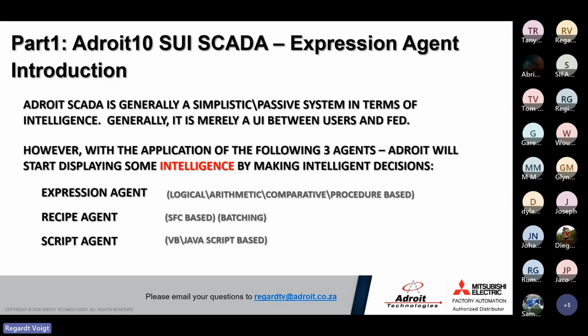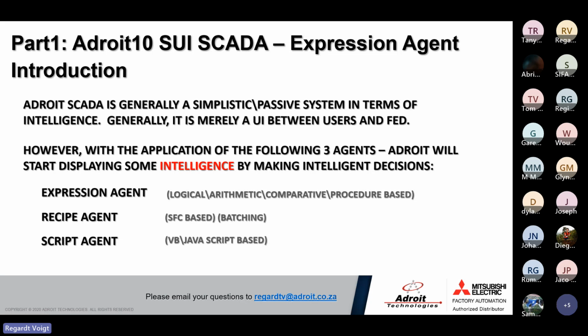So your basic agents, like your digital agents, integer agents, real agents, analog agents, and so on, are very simplistic and passive, so very reactive. But sometimes you will need the SCADA to allow for more decision making and processing of data. In that regard, Adroit has a couple of tools that you can use for this purpose. The one that we'll cover today will be the expression agent.